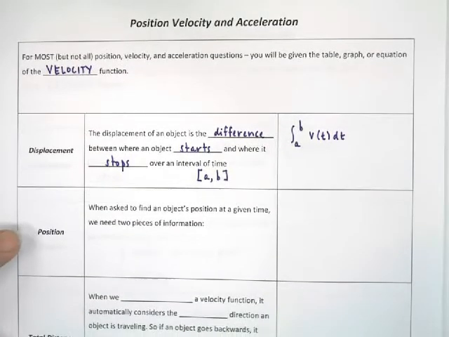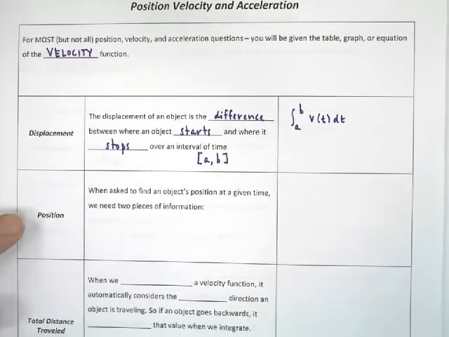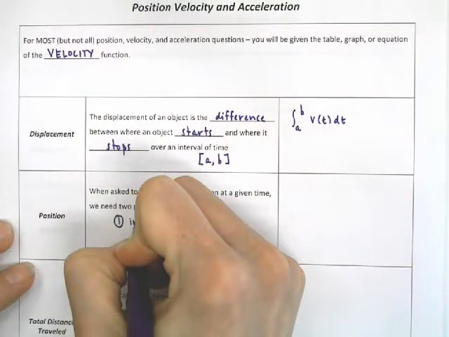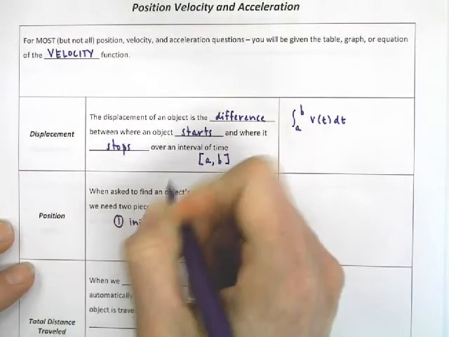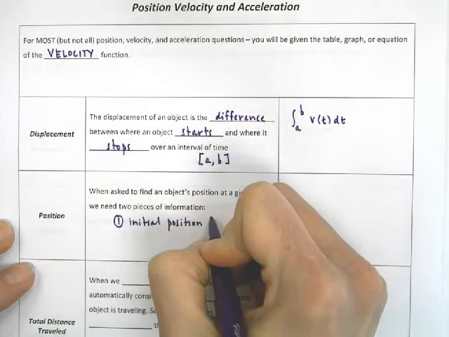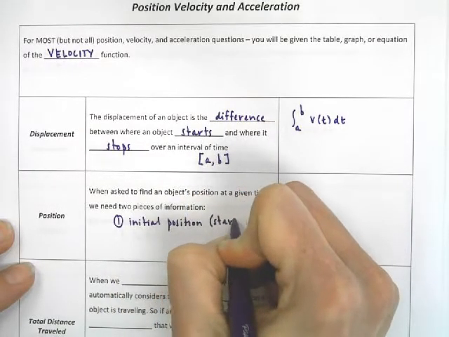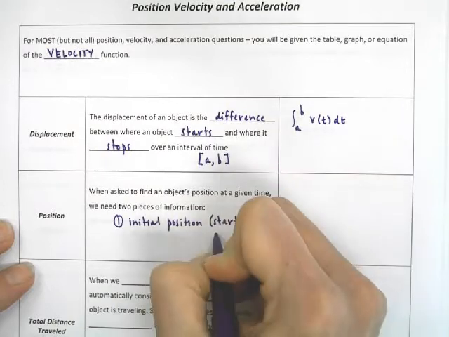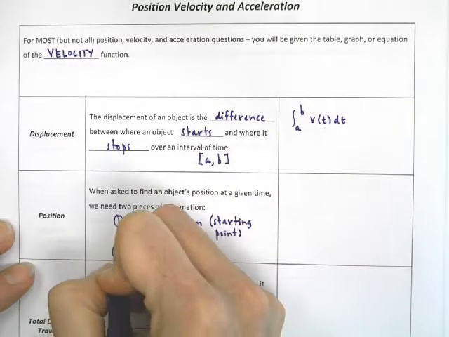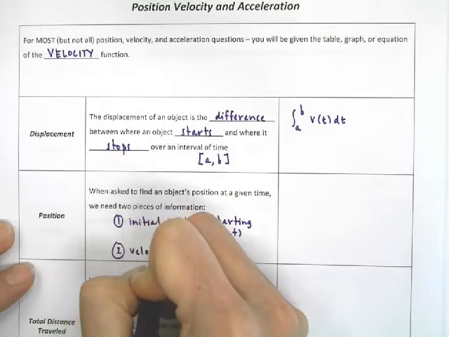If we want to find position, we actually need to have two pieces of information. The first thing I'm going to need is my initial position, which is really where did I start? So my starting point. And then I'm also going to need the velocity function.